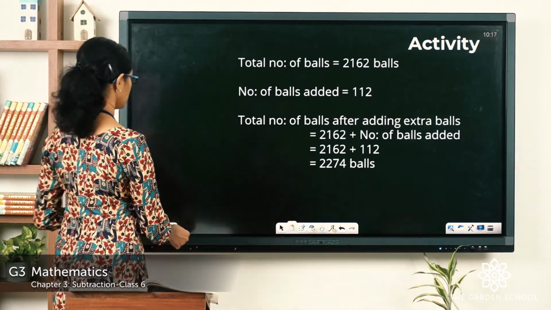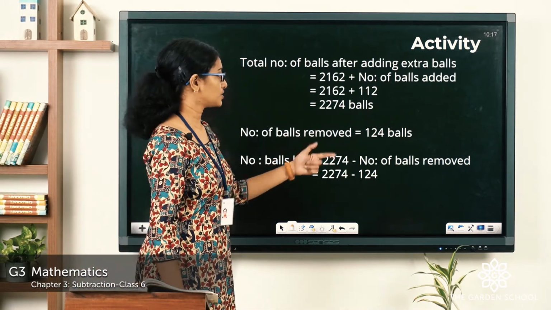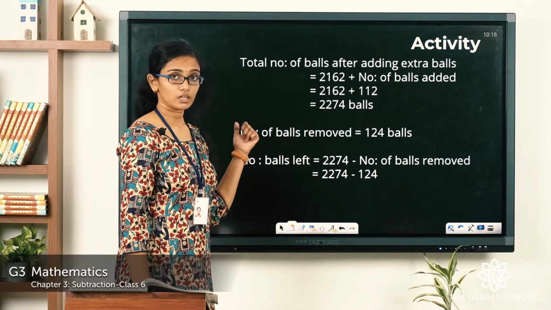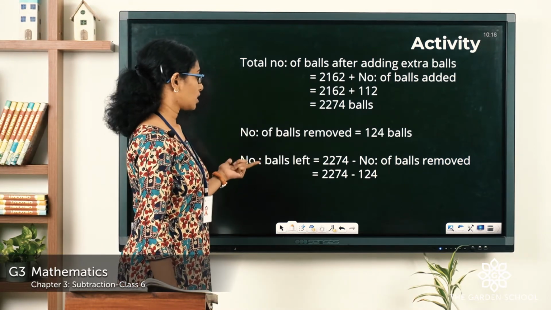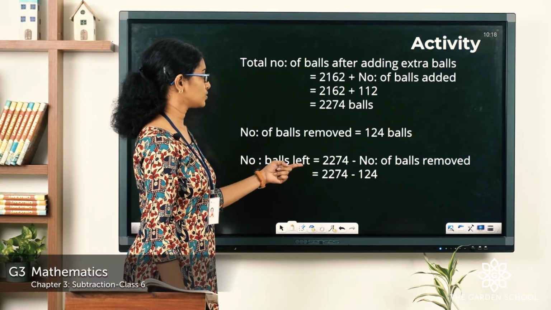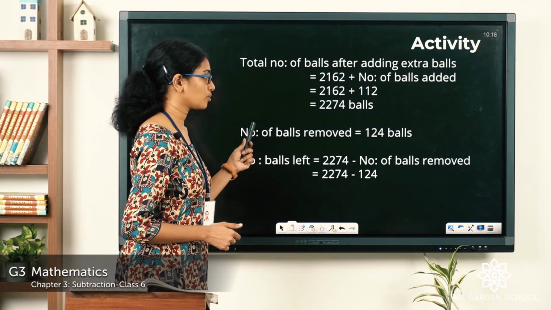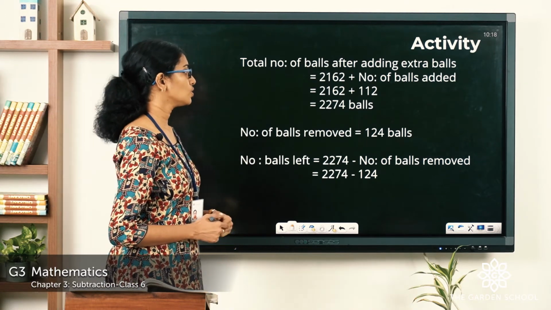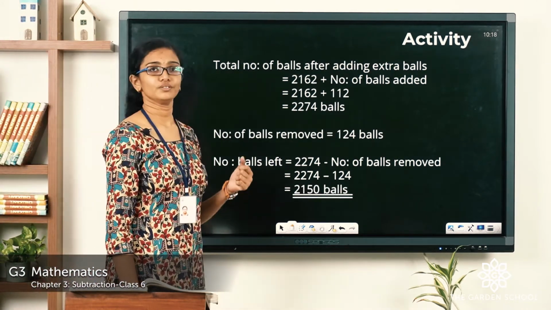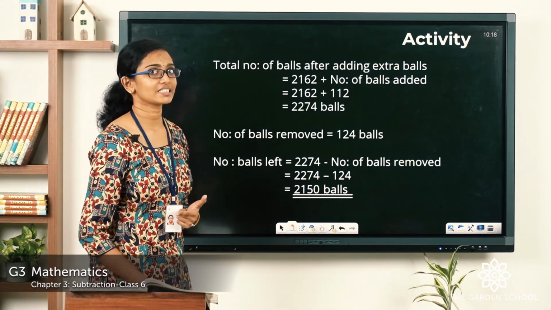Now, what do we do next? The number of balls removed is equal to 124 balls. So after removing that many balls, how many balls are left? Number of balls left is equal to 2274 minus number of balls removed, that is equal to 124. So that gives us the answer 2150 balls. I hope your answer is correct.